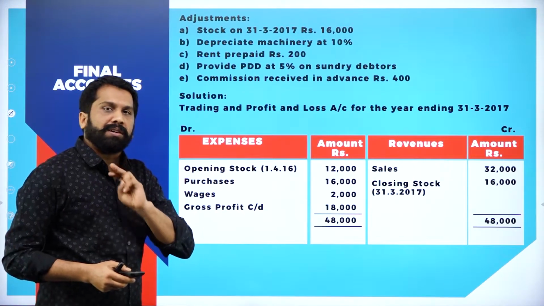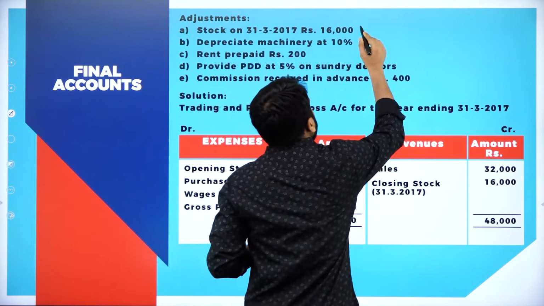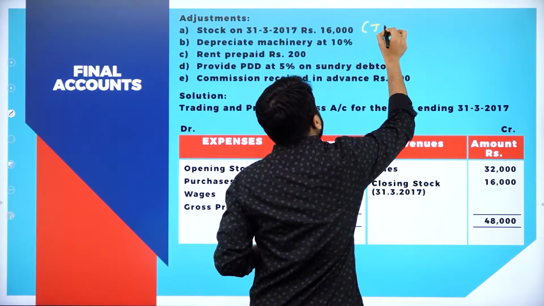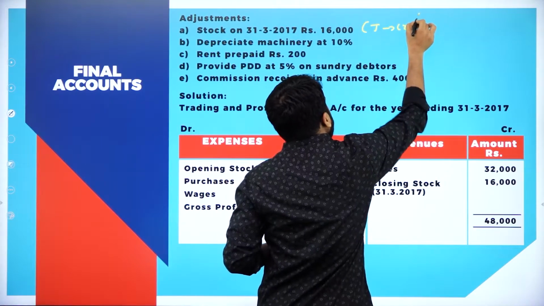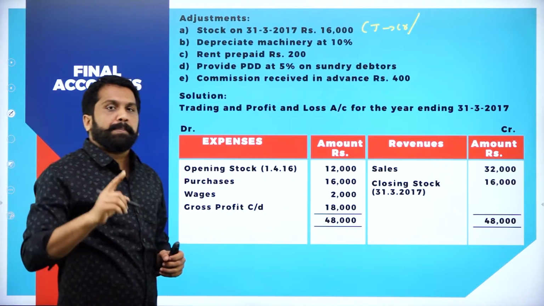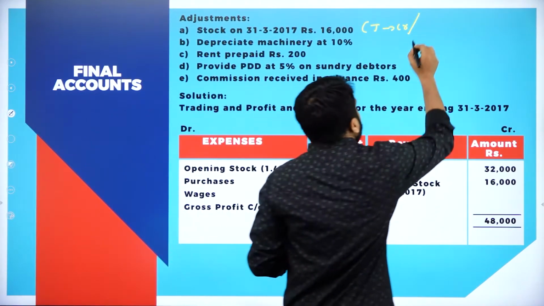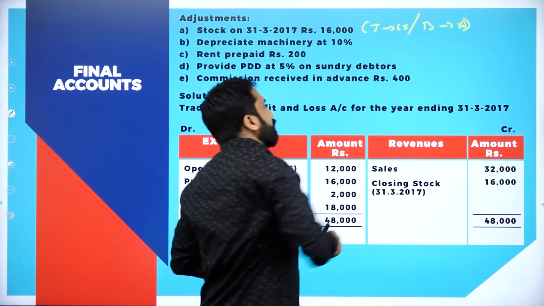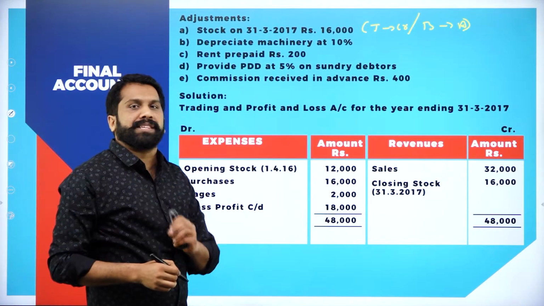First one is closing stock. One will be your trading account credit side. What is the one more effect? Balance sheet asset. So these are the two effects for closing stock.